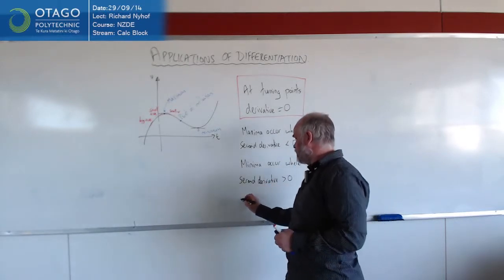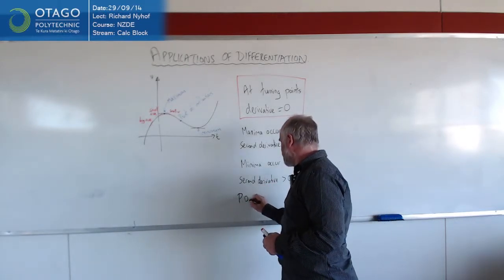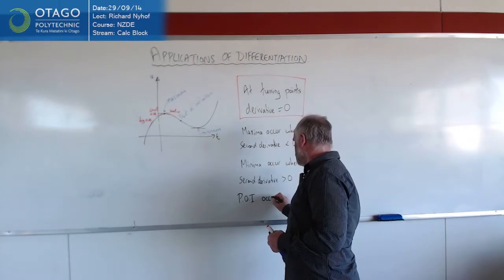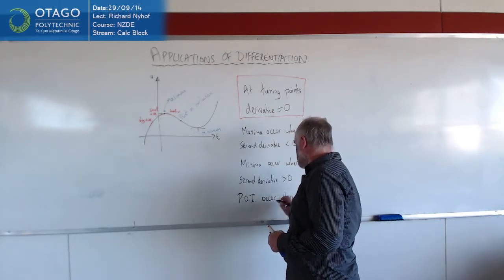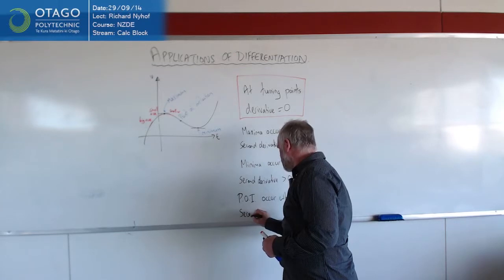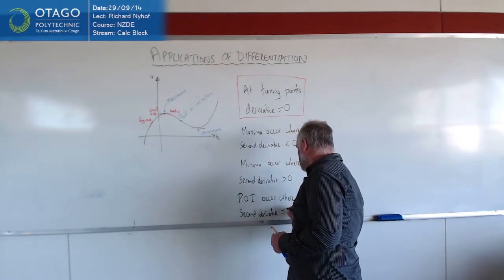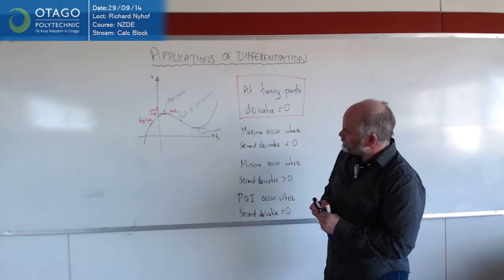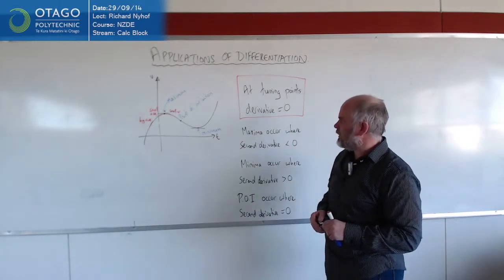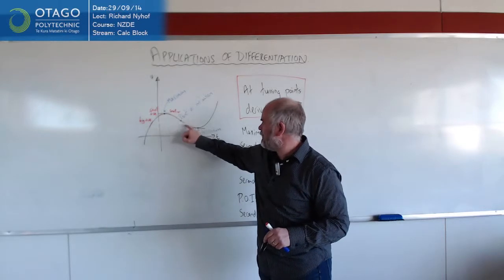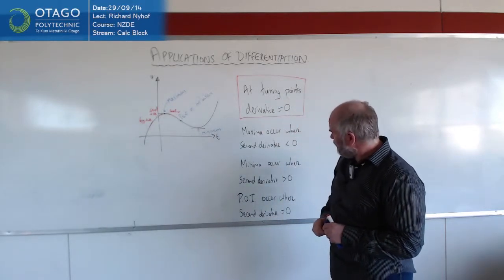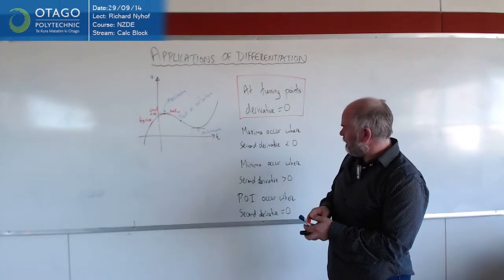And the point of inflection occurs where the second derivative equals 0. That's the point where the rate of change of slope is the same. So through here it's going to be effectively straight. So we've got those three different things that you need.